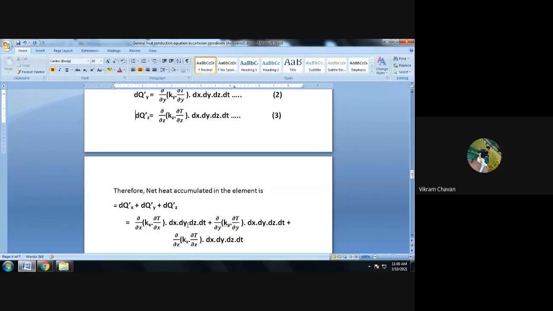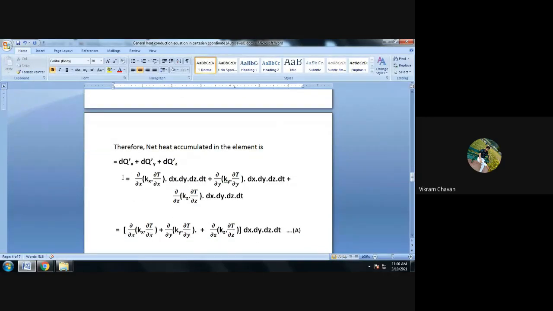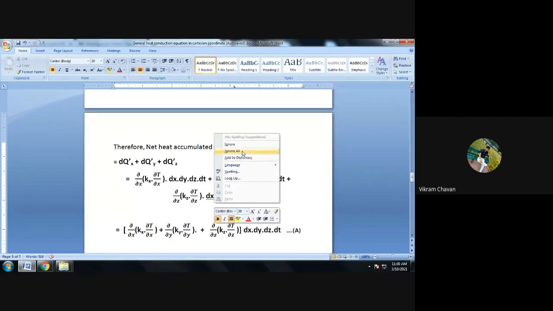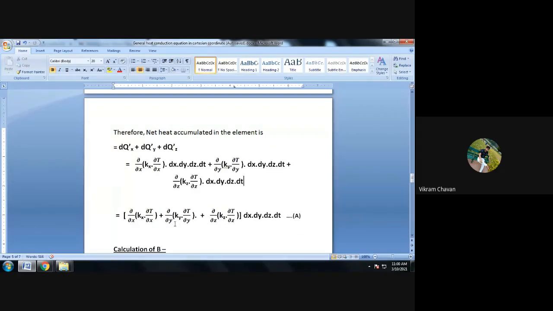Do the addition over here. Then further, just take out the common part from these three equations. The common part is dx dy dz multiply by dt. Take this common part out and keep the remaining part in a bracket.